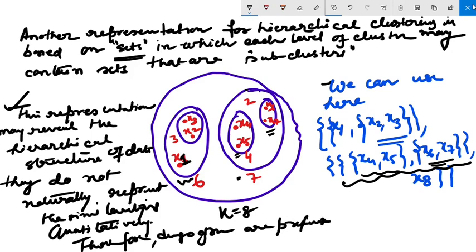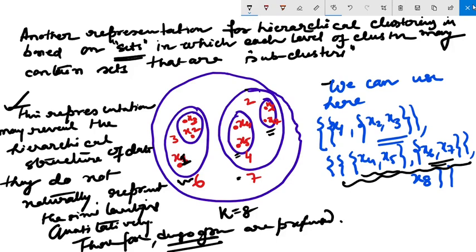So why are dendrograms preferred over sets? This may be a discussion, and you can answer like this: the set representation doesn't represent the quantitative aspect of it. However, visually we can see the hierarchy, how it has developed the final clusters from the starting n number of points, 8 points, but it doesn't reveal the quantitative aspects.